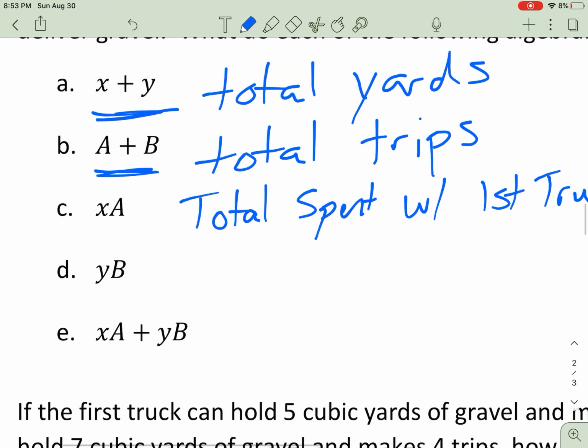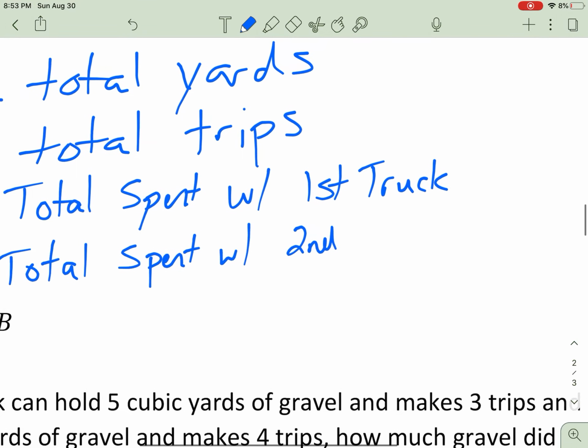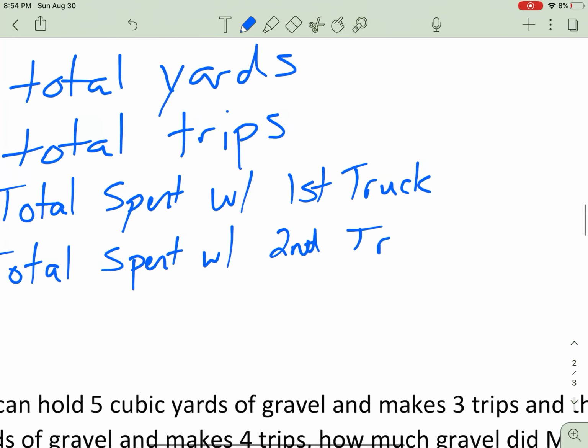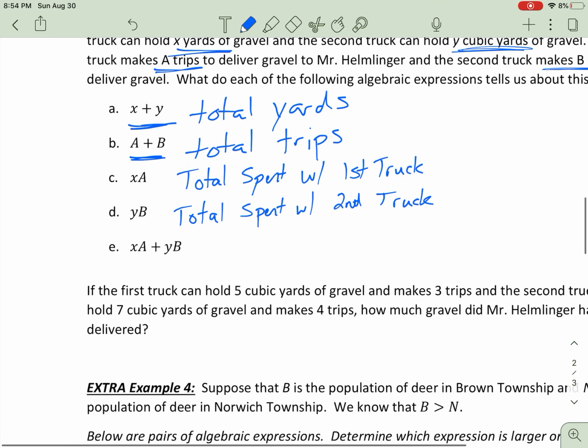Okay, so that means YB is the total spent with the second truck. And I apologize for the handwriting here. Okay, and so what does that mean when you combine C and D? That's the total spent.